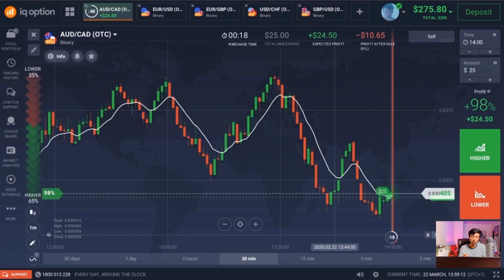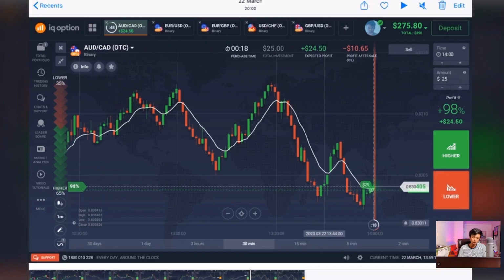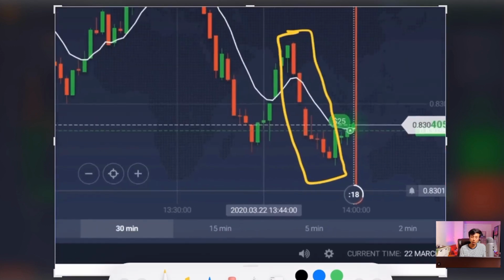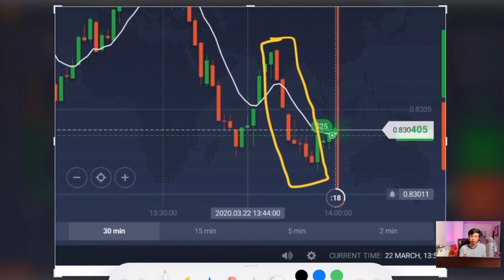But the reason I'm going here, let me screenshot this one. The reason I'm trading here and I make right predictions, look at this graph right here. It is a falling graph. It's just continuously falling, and then the trend starts trying its way to reverse back up high.